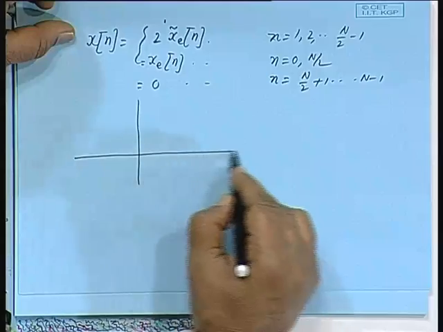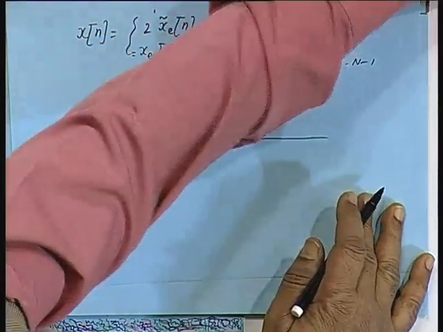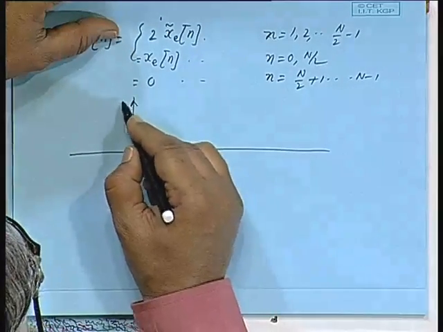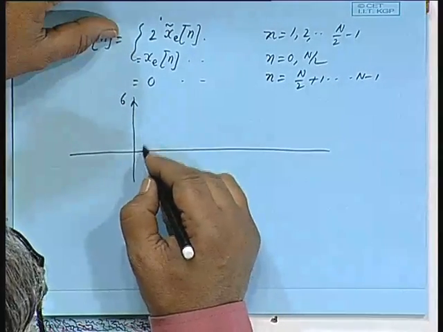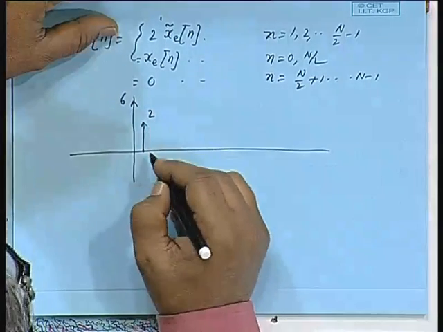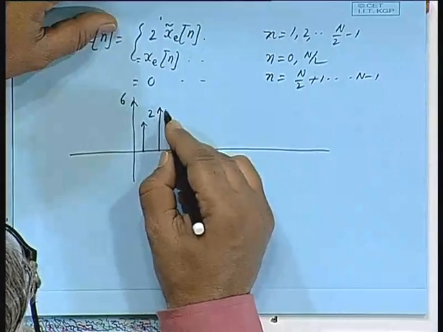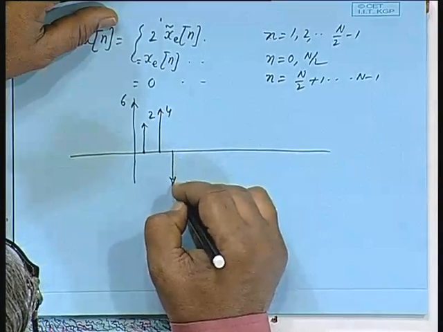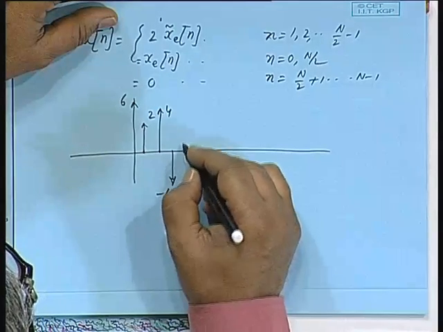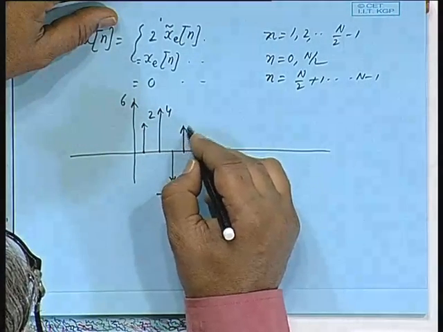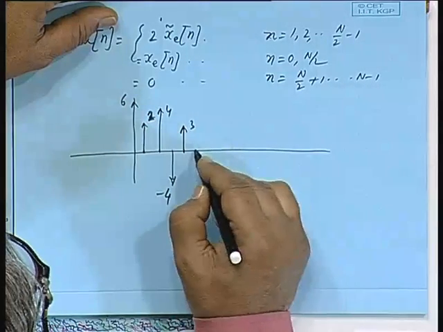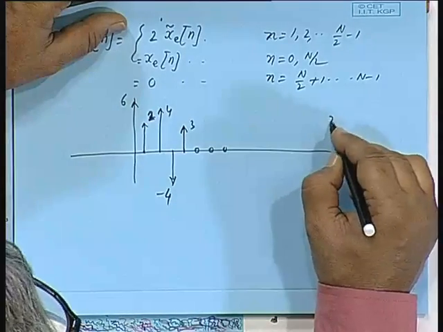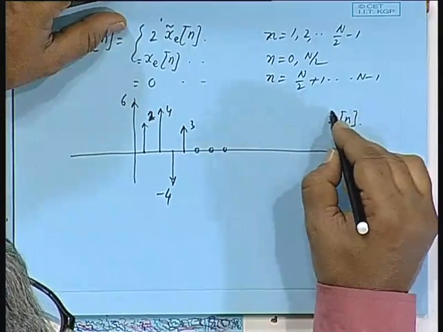Let us take some values of x[n] and x[-n]. Let me have a sequence like this: 6, 2, 4, they are not drawn to the scale, that is why I am writing the values, say minus 4, then 3. Then there will be 3 zeros. I have taken a 5-point sequence. This is x tilde[n].